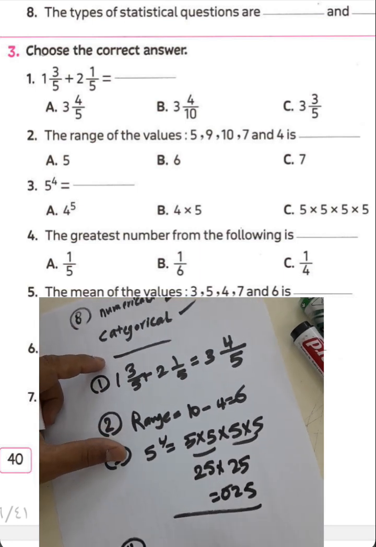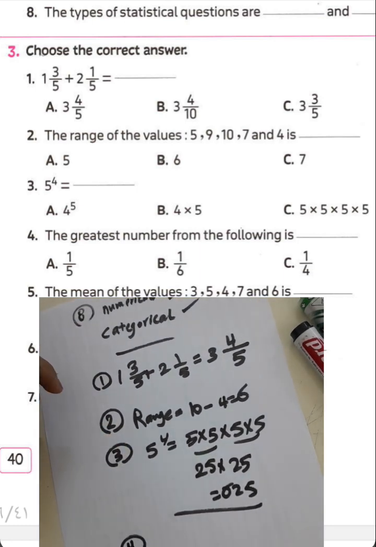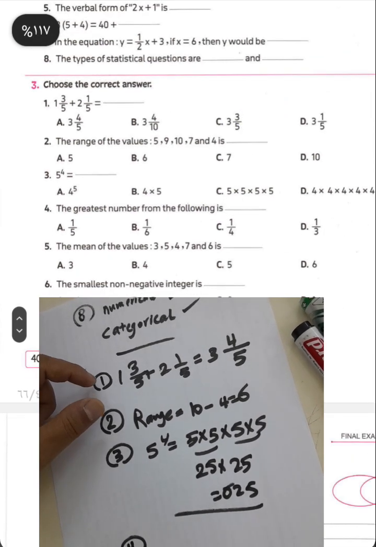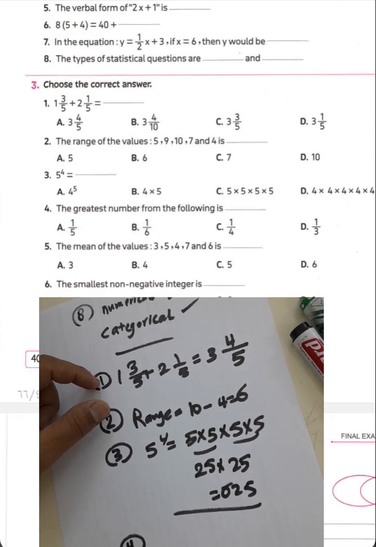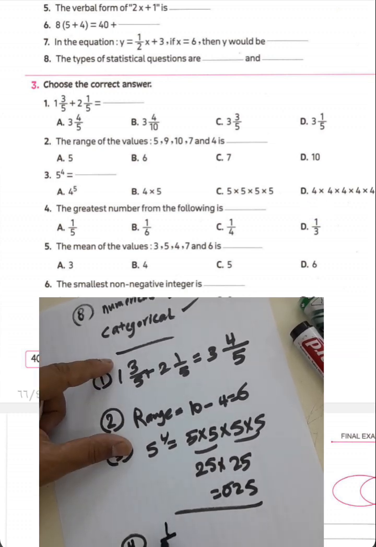Question number 4, the greatest number from the following. We have here 1 over 5, 1 over 6, 1 over 4, 1 over 3, then the result here will be 1 over 3. It's the greatest number because we have the same numerator in all fractions.